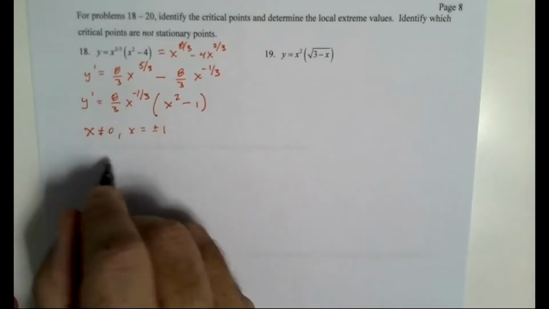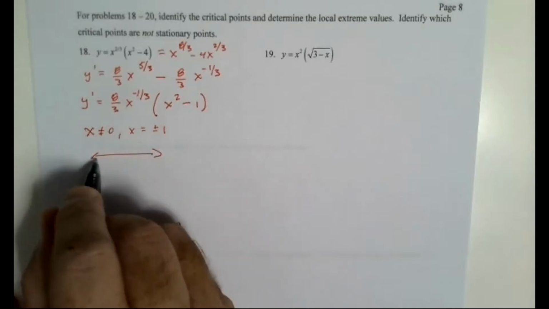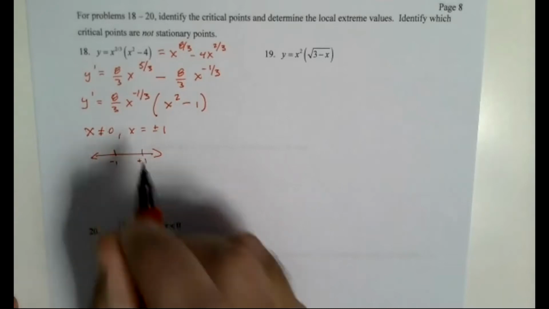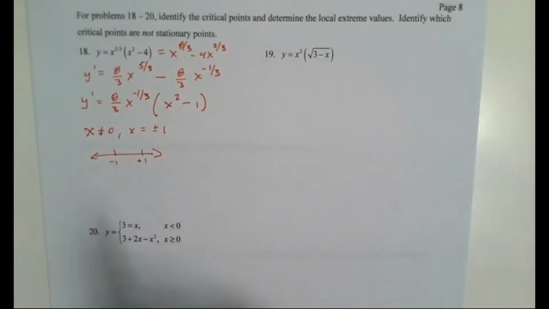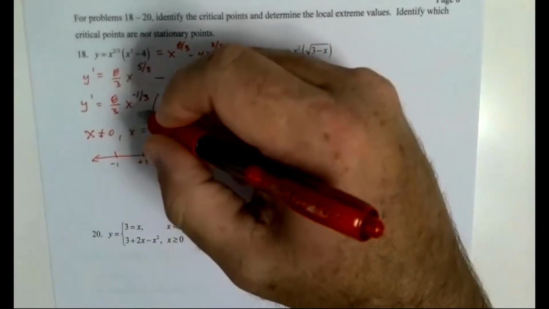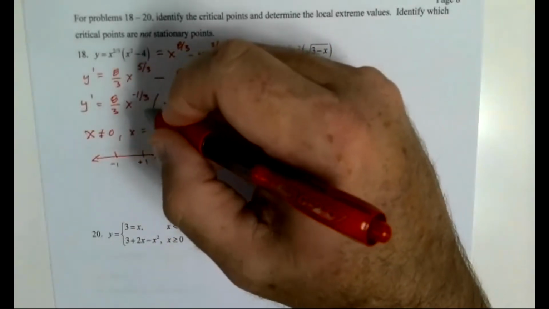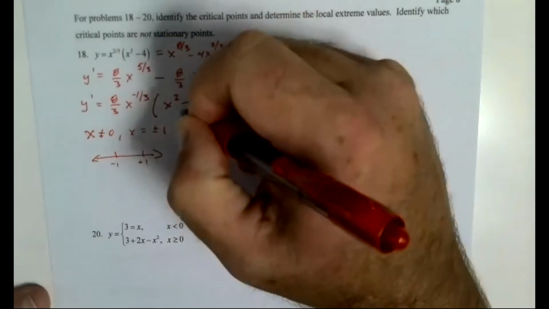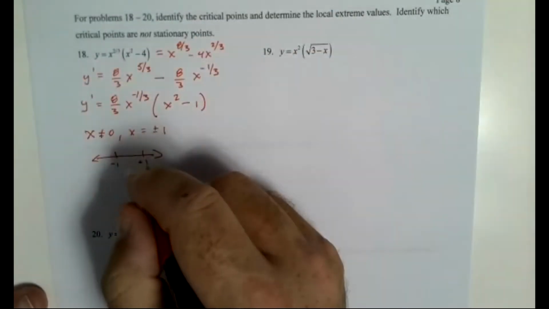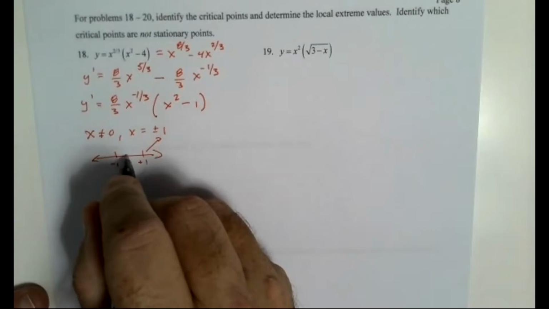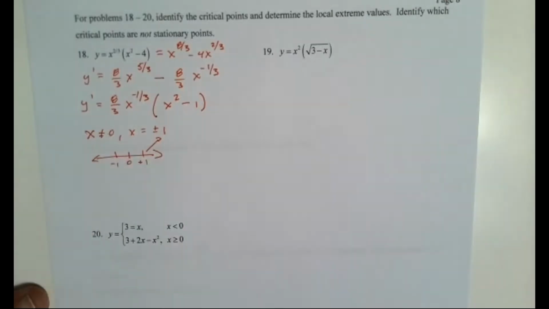And we want to figure out what's going on here. Can't use 0, bummer. Plug in 2. Positive on the bottom. We do have to worry about the bottom for the derivative. Wow, that's a big deal. We get positive on the bottom, positive on top. 0 is a critical point, so we have to be careful with that.